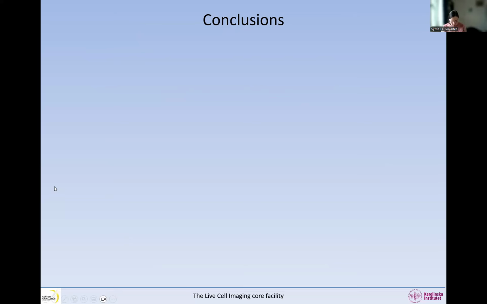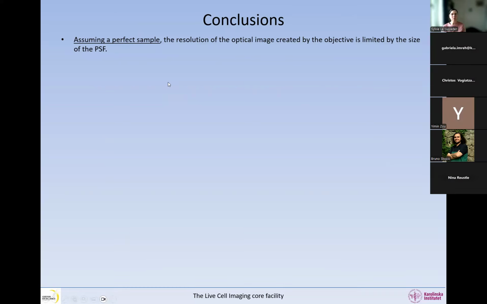Okay, so here are the conclusions for this lecture, where we spoke about contrast and sampling. If you assume a perfect sample, and you know how easy it is to be far away from a perfect sample, then the resolution of the optical image, so the resolution of the image that the objective creates, is limited by the size of the point spread function.